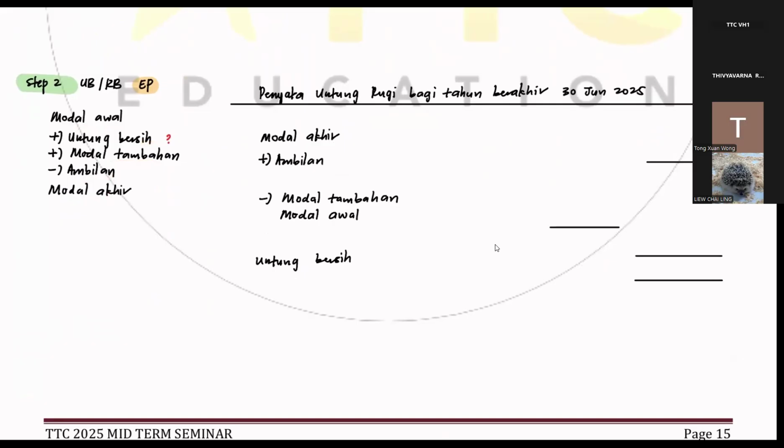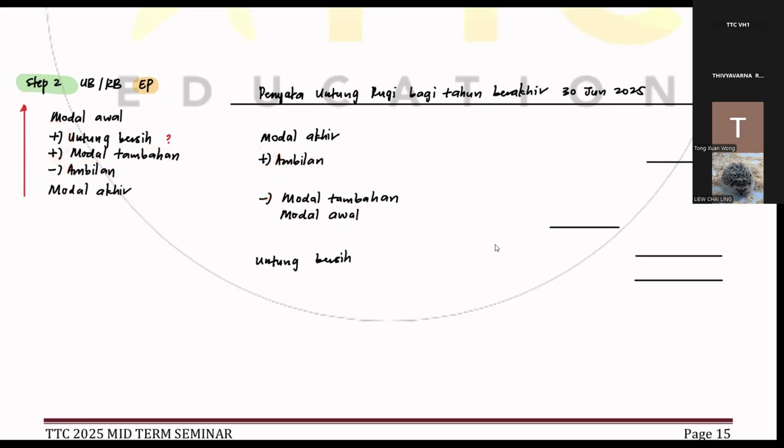So you need to work backwards. That's why you need to start your formula by modal akhir first, as the first thing. Ambilan, next one. Modal tambahan, the next. Last, modal akhir. Then how about the add or minus? Reverse everything lah. If previously minus, now become add. If previously to add, now become minus.